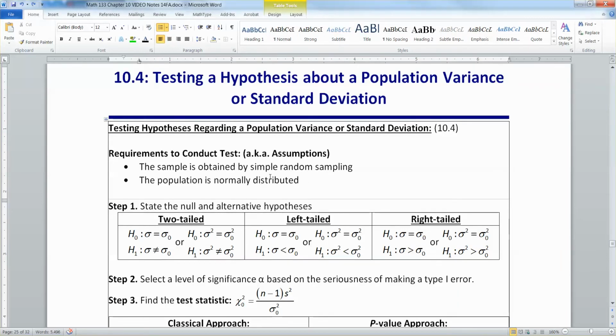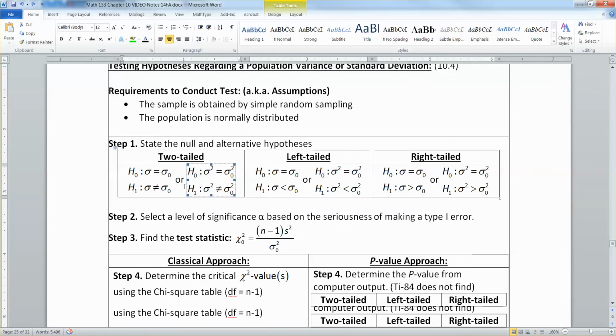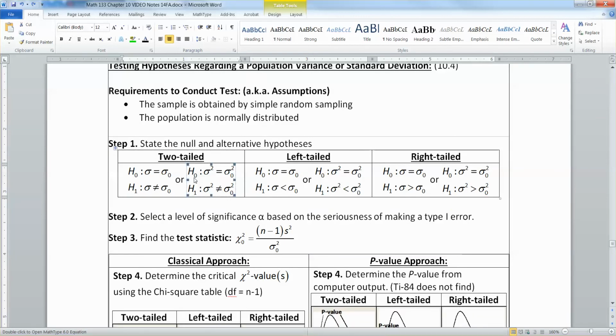All right, then I've kind of joined them up together. They're basically the same problem over and over. What I mean by that is that this is the same test for either variance or standard deviation. All that is different for them will be your hypotheses. So I kind of have these reversed. Actually, I'm going to flip these.